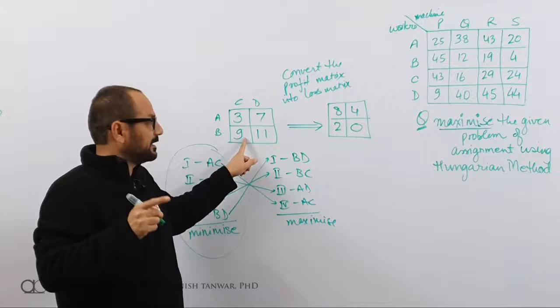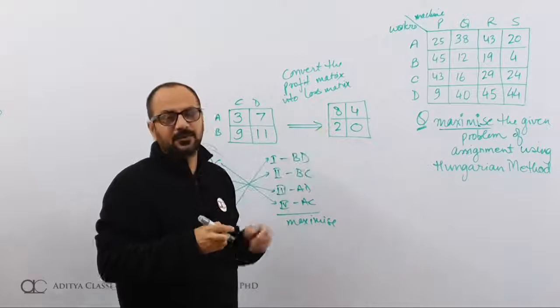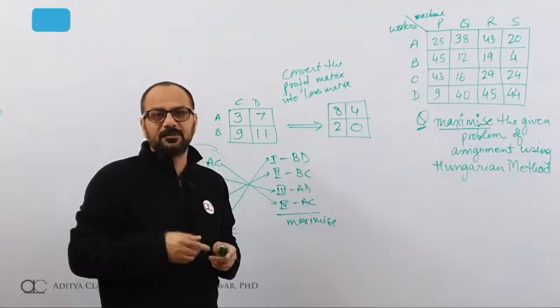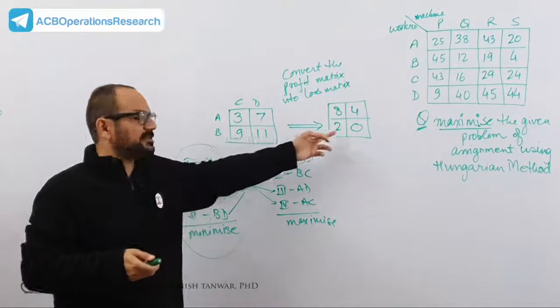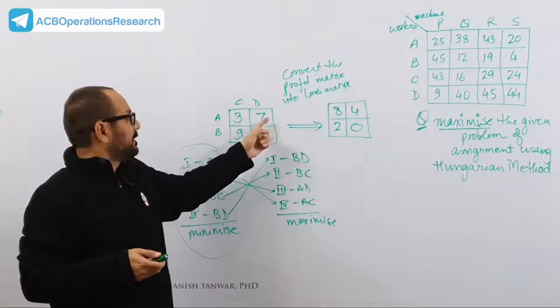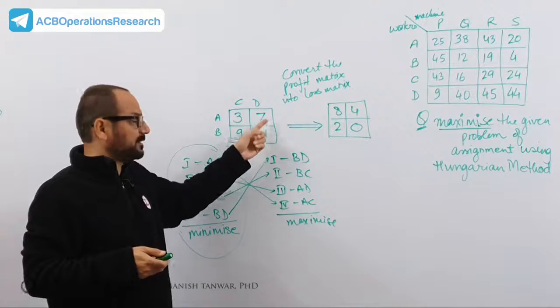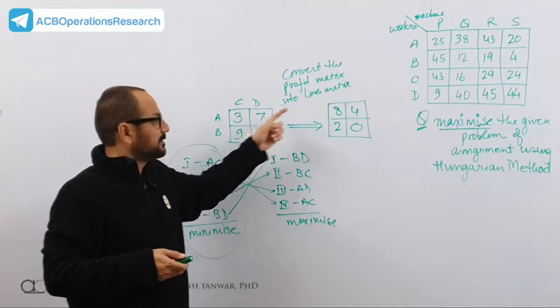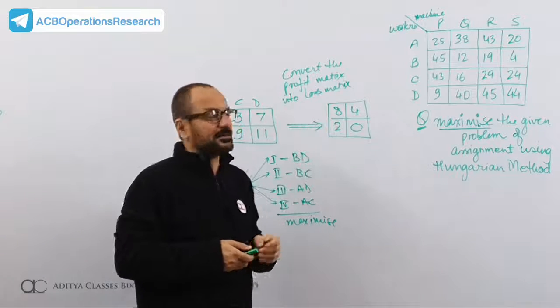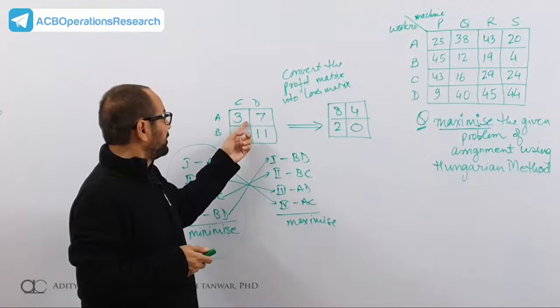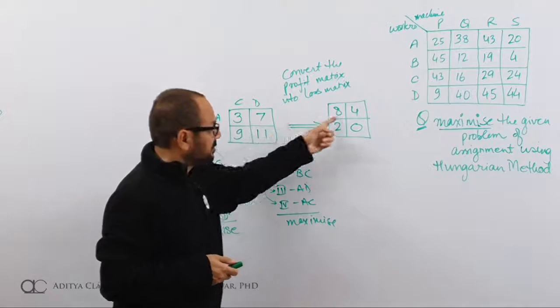So when you selected 9, your loss is 2. Because you could have made 11 rupees, but now you are making only 9. Here, if you are selecting this 7, you could have made 11 rupees, but now you are making only 7 rupees. So there is a loss of 4 rupees. You could have made 11 rupees, but you are making only 3 rupees. There is a loss of 8 rupees.